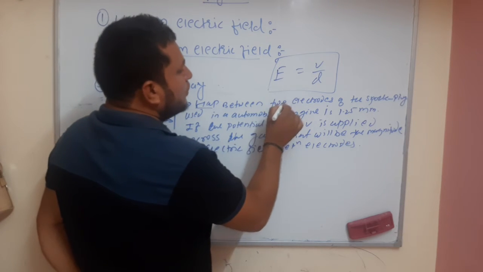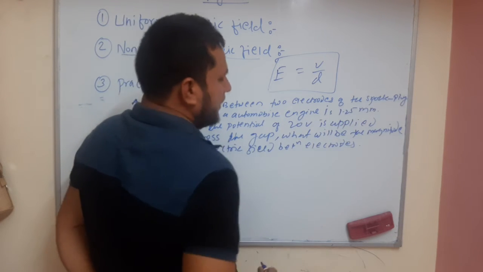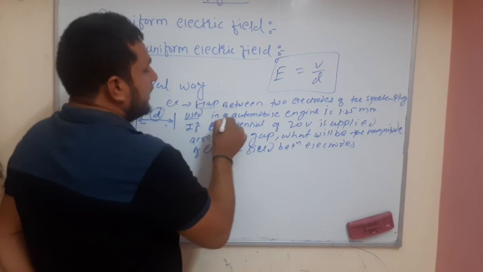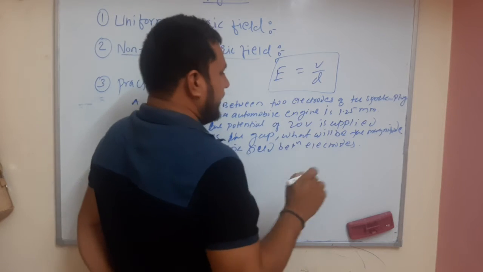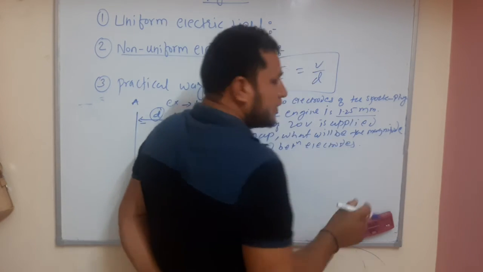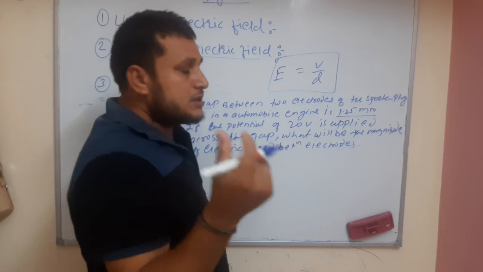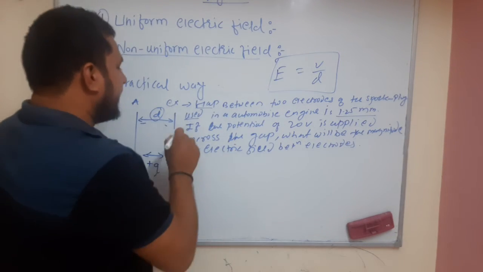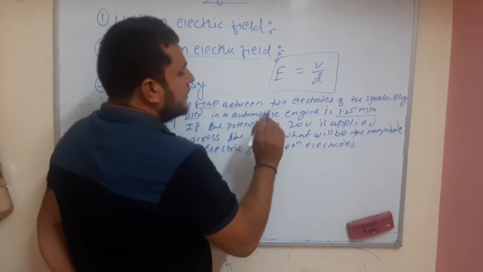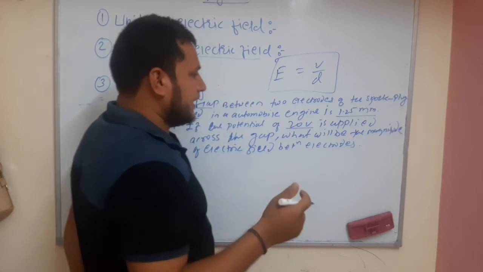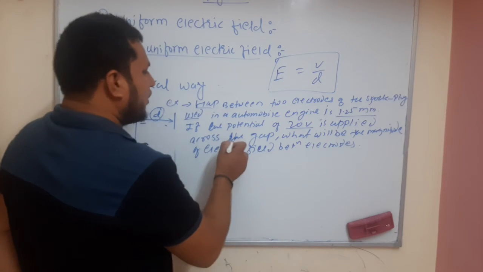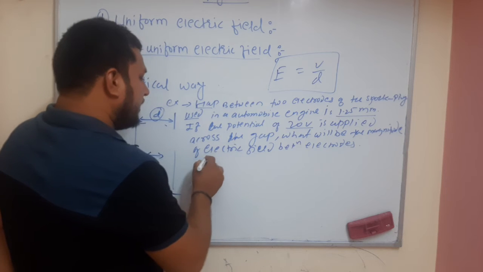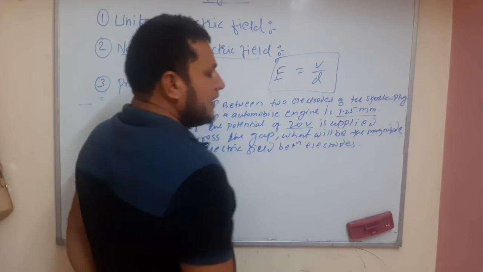The gap between two electrodes of the spark plug, which is used in our automobile engine, is 1.25 mm. If a potential of 20 volt is applied across the gap, what will be the magnitude of electric field between the electrodes?